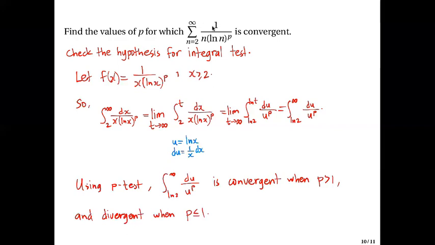Therefore, this series here is convergent when p greater than 1 and divergent when p less than or equal to 1. So it is consistent with the previous example. We had p equals 1 and we saw it was divergent.